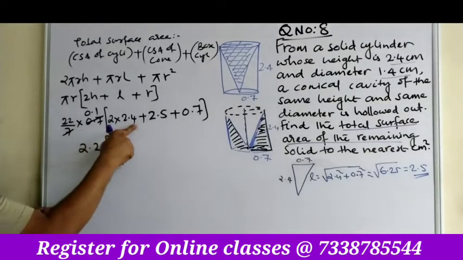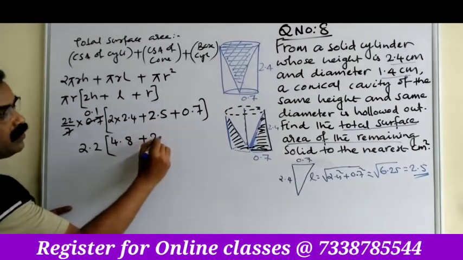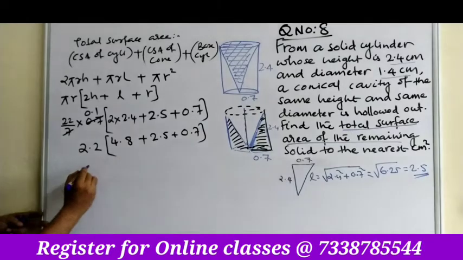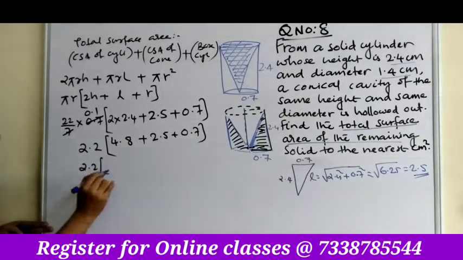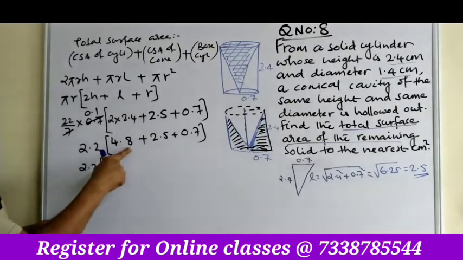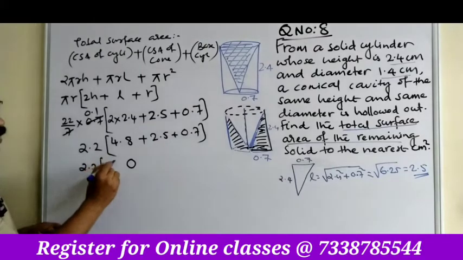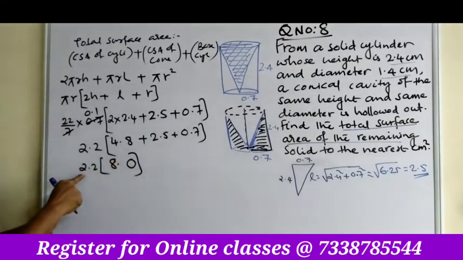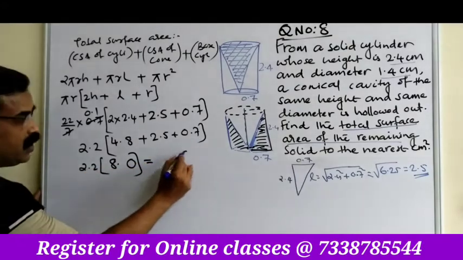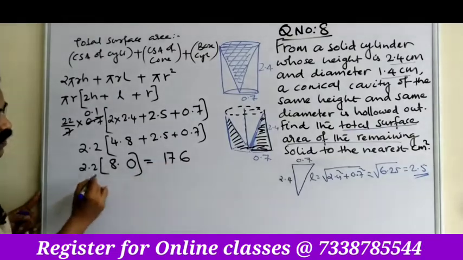Here 2 into 2.4 is 4.8, plus 2.5 plus 0.7, which gives 8. That is 2.2 multiplied by 8.